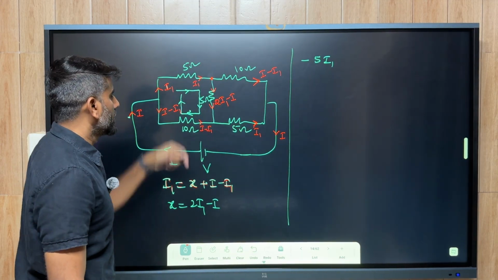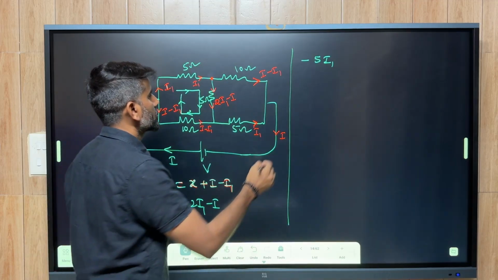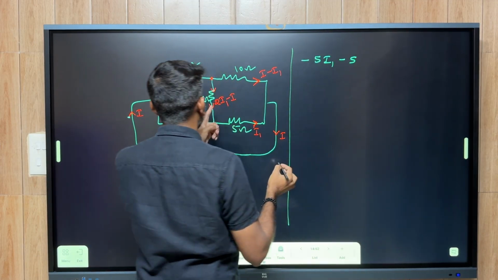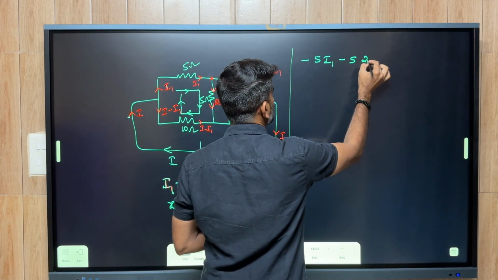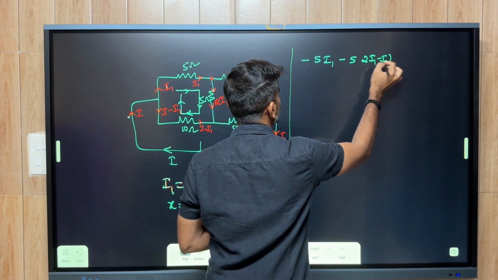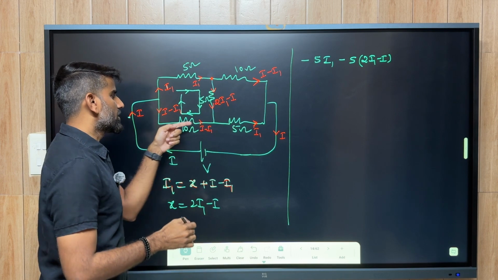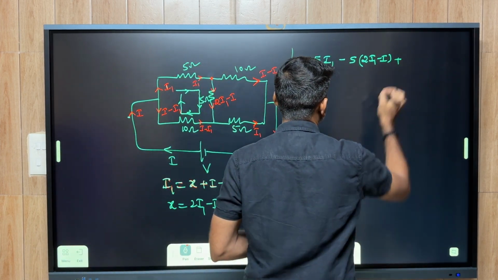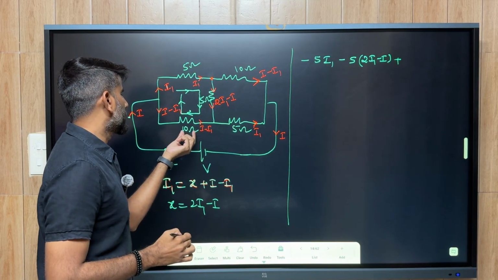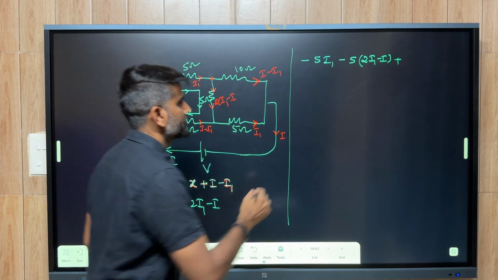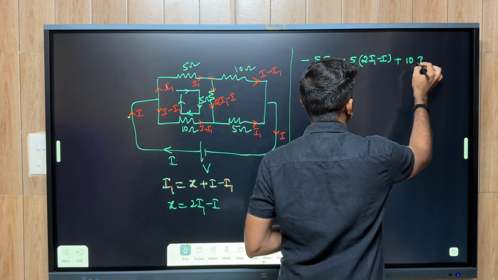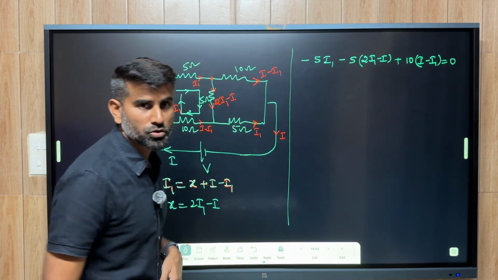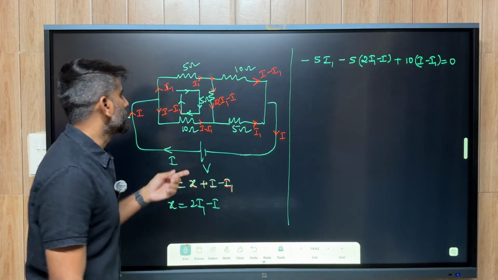Here also, in the direction of the loop, so the potential drop will be there: minus 5 times 2I1 minus I. And here the current is opposite to the direction of the loop, so the potential is rising: plus 10 times I minus I1, is equal to 0. Hope my point is clear.